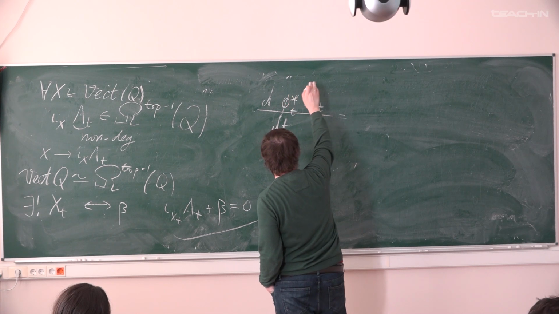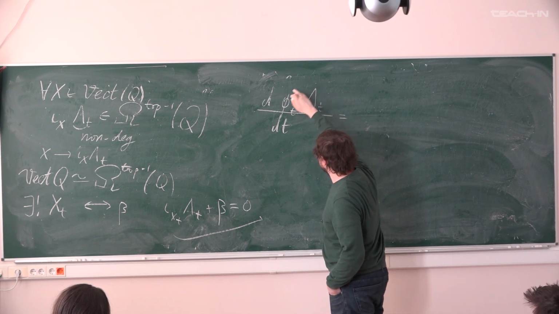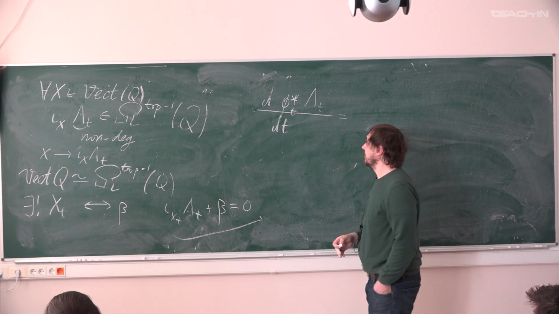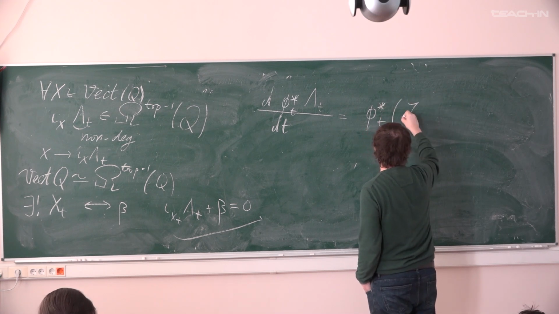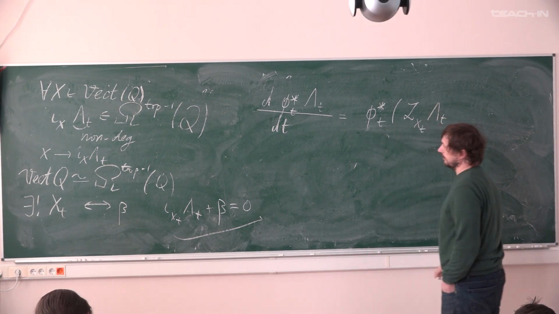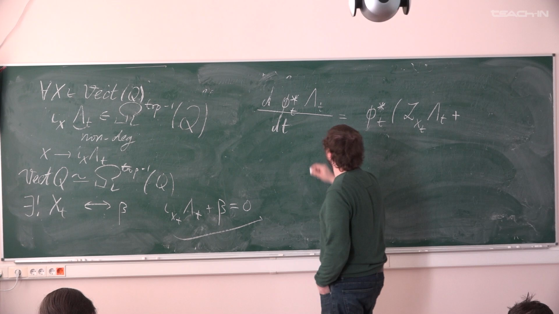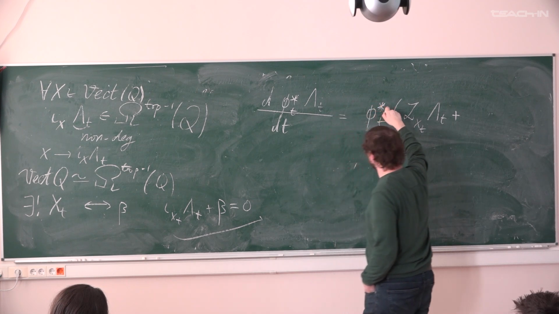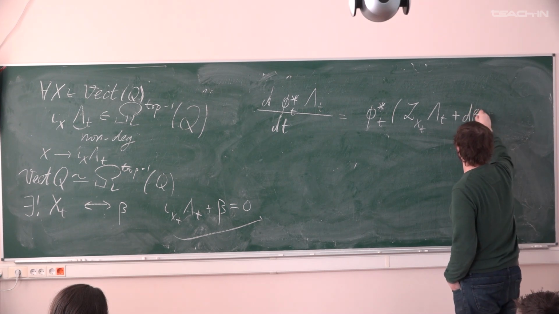First, I'll freeze t here, so to say, and differentiate this part with respect to t, and then I can use the formula which I had. It will be just phi star sub t applied to the Lie derivative L xt applied to lambda t. But then I also have d dt of lambda t. So phi star of t will go outside, but when I differentiate lambda t with respect to t, I'll get just d beta, right?